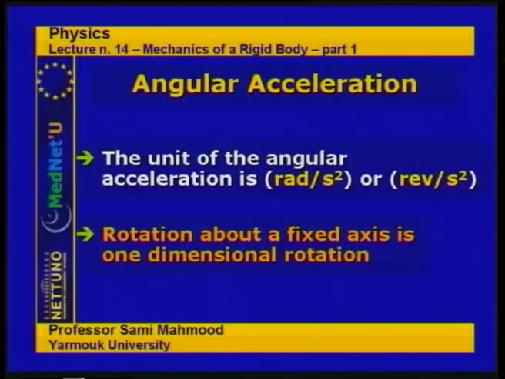Rotation about a fixed axis thus resembles the one-dimensional translational motion of a particle. It is a very similar motion, but in the case of translational motion, we have the particle going along the x-axis, while in rotation about a fixed axis, only the angle theta, the angular position, is changing.